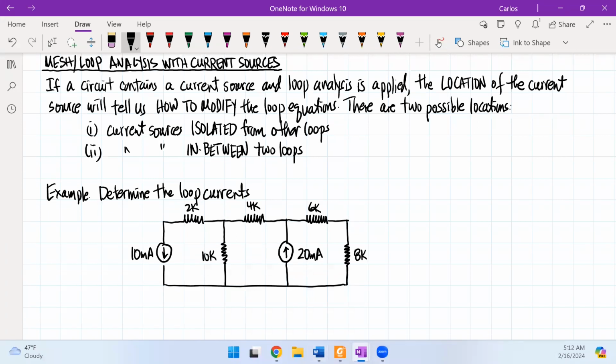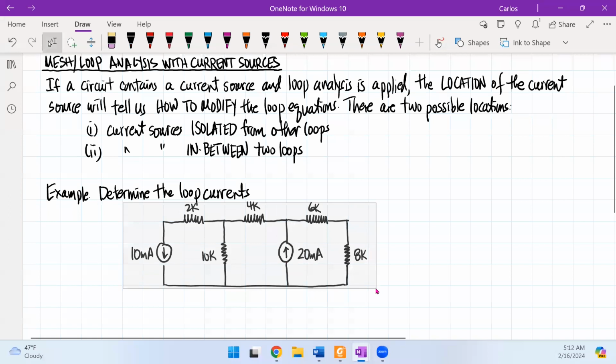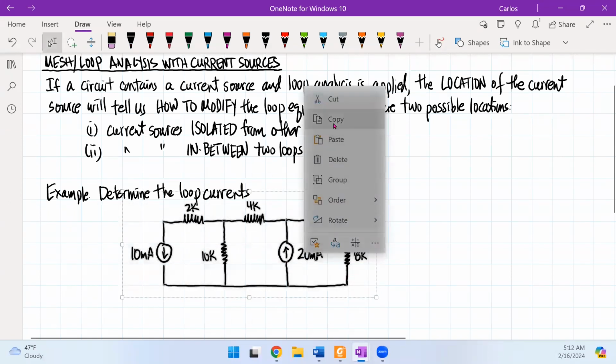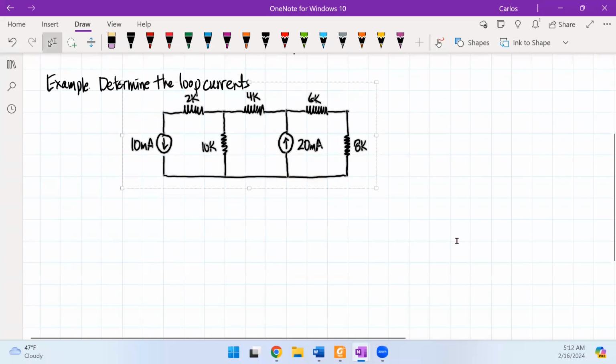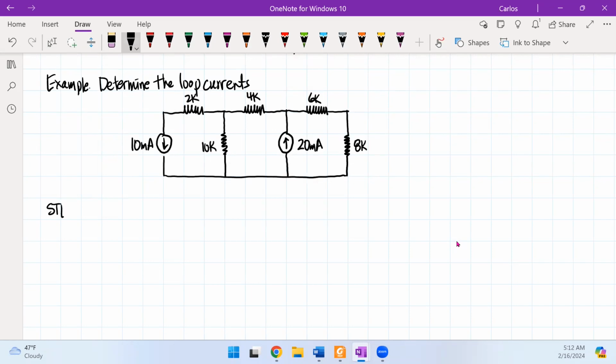Now I want to start analyzing this circuit. The first step is that we apply regular mesh analysis. We're going to apply step one, and in step one, we always do the numbers, or the counting.